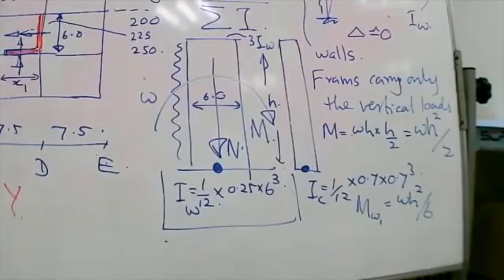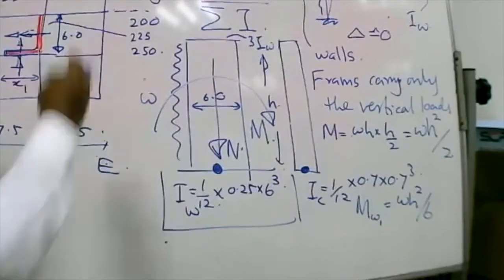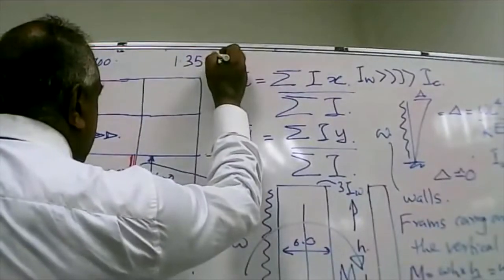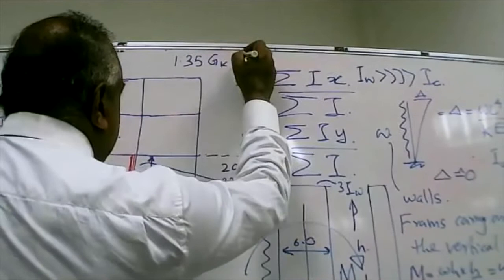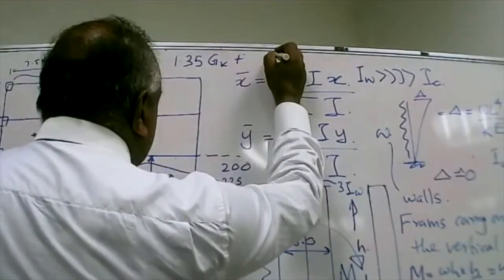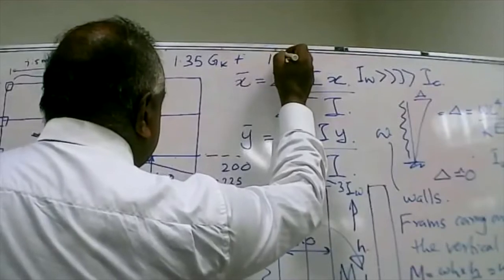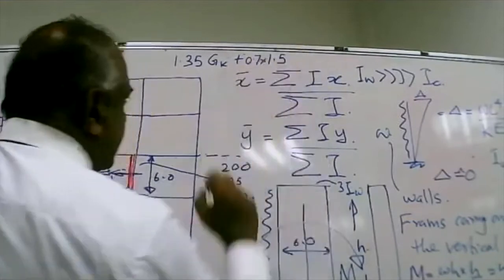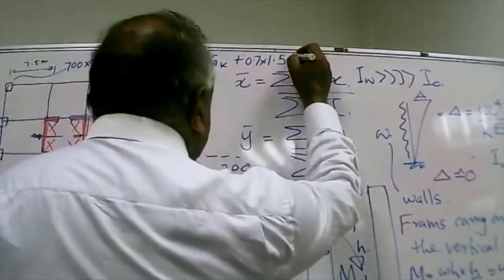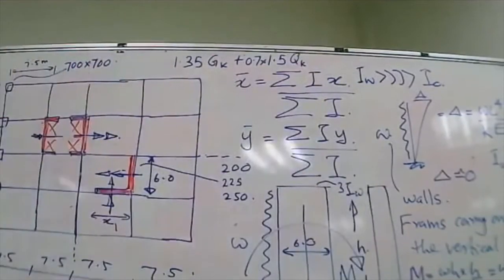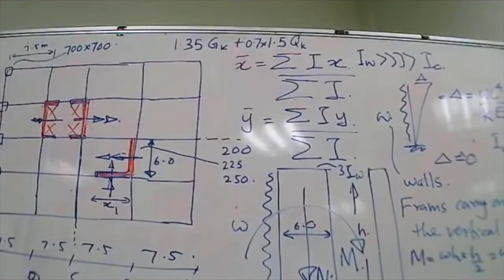Then we have the dead loads, that is the self-weight. So we multiply by 1.35, and we can have the wind load acting simultaneously. So we multiply the imposed load by 0.7 according to the Eurocode, multiplied by QK. So it gives a reduction factor because total wind load and total live load cannot act together.